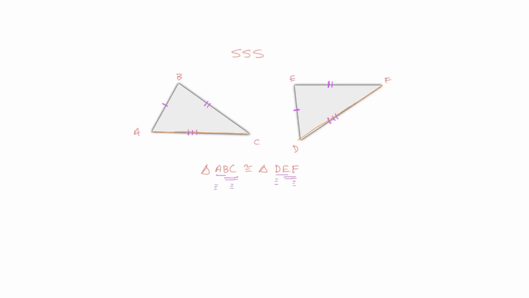Basically what the rule is saying is that if I have two triangles and the measurements of all three sides are congruent to the three sides of another triangle, those triangles have to be congruent. In other words, there's literally no other way in which I can draw these triangles with matching sides and have them not be congruent. And we call this the side, side, side, SSS rule.